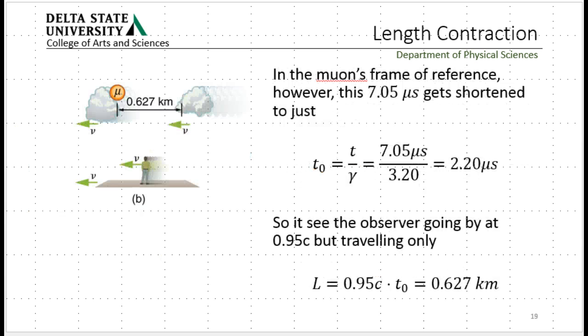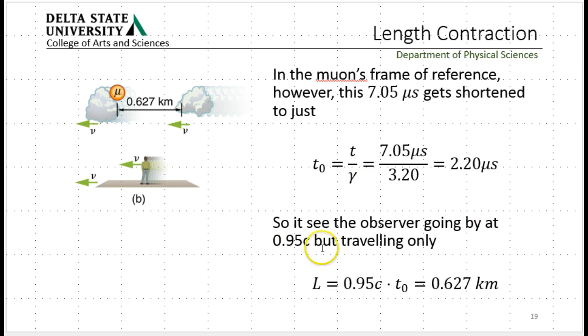What does the muon see? In the muon's rest frame, that 7.05 microseconds gets shortened. Remember we had t equals gamma t0. Well, t0 equals t over gamma gives us the muon experiences 2.2 microseconds. And it sees the observer going by at 0.95 c.